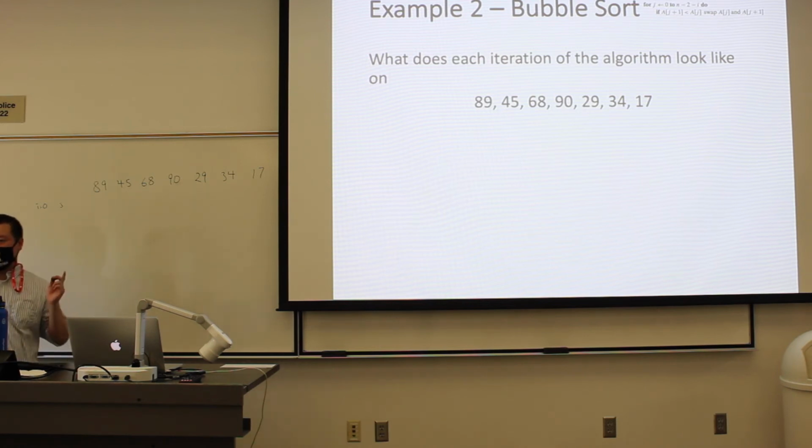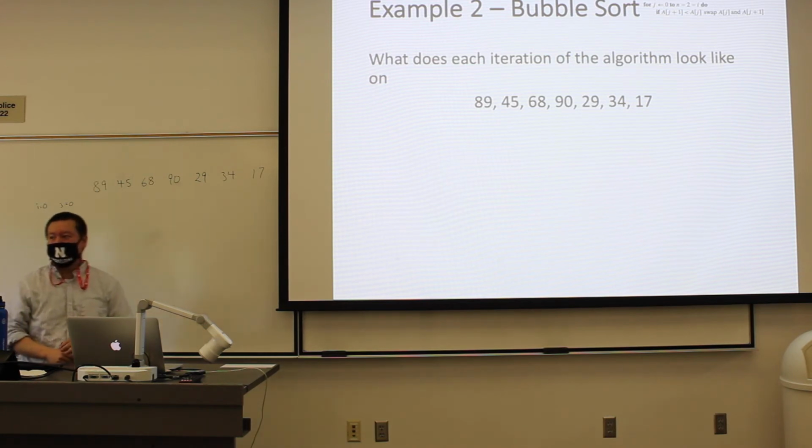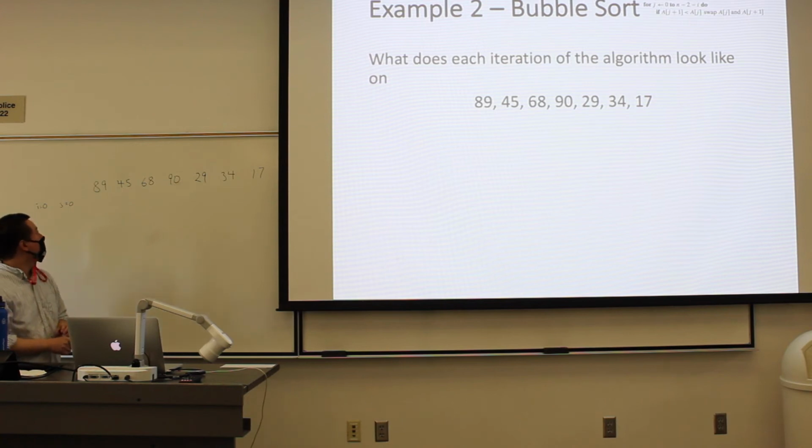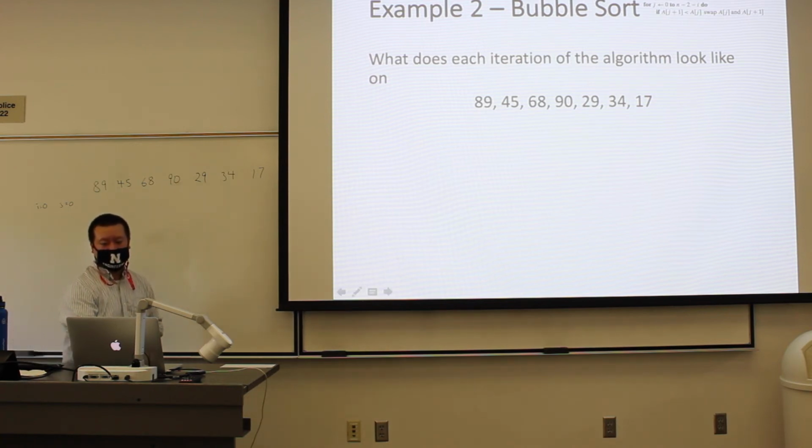Should we try this one? So what would this look like? When i equals 0, j equals 0, what's going to happen?